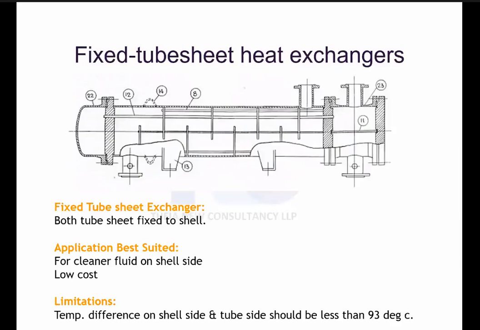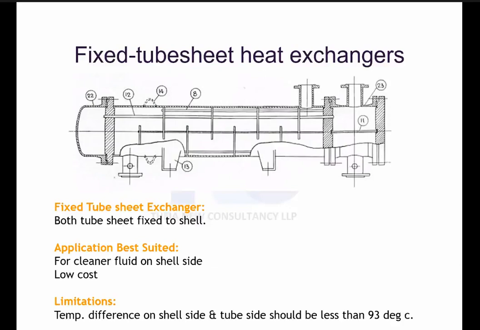This is one company's value, 93 degrees Celsius. So if the temperature difference between the shell side and the tube side is less than 93 degrees Celsius, we can use this. If it is more, we cannot use it. Clear? This is the most economical, low cost. If the shell side is fouling, we cannot use it. So this is the fixed tube sheet exchanger.